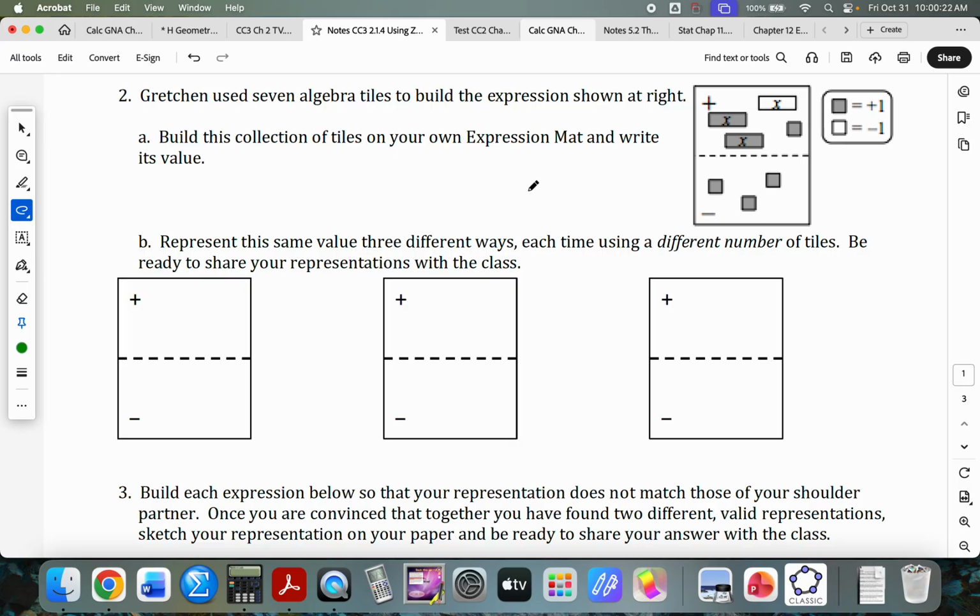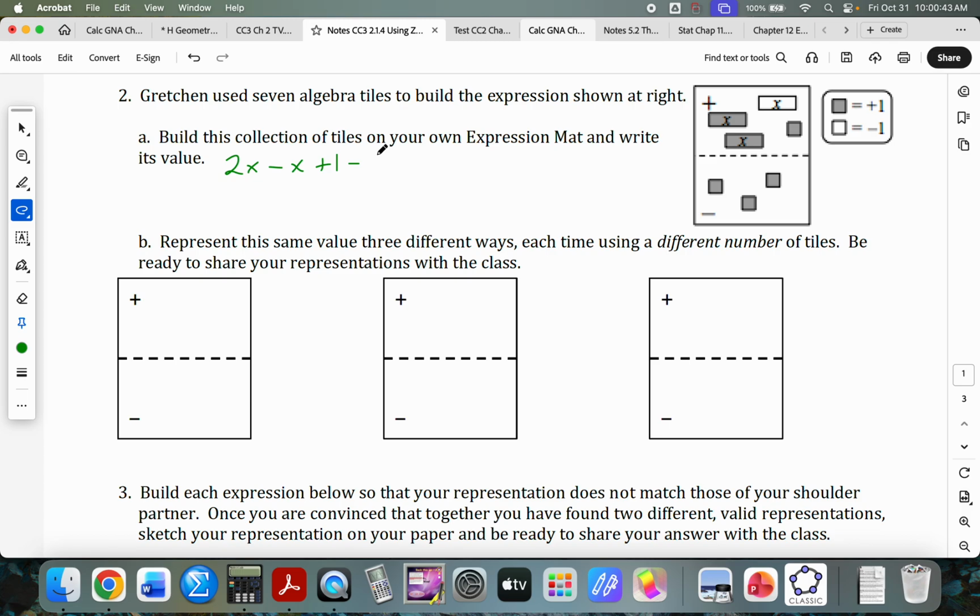All right, so let's write an unsimplified expression for this. So in the positive region, I've got 2 positive x's. Then I have a negative x and a positive unit tile.